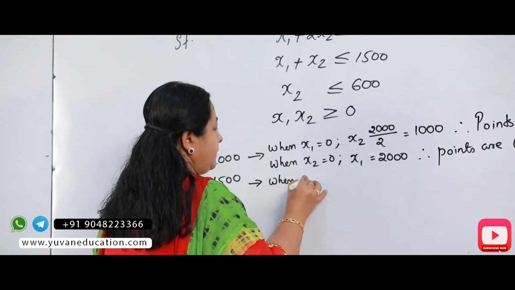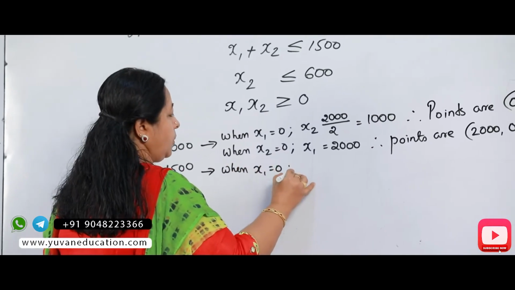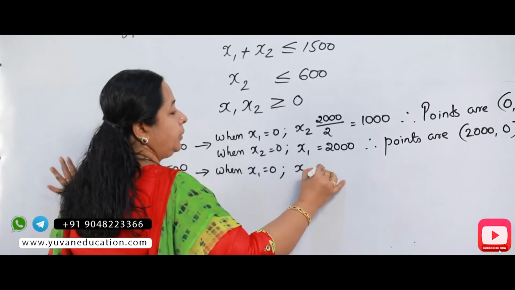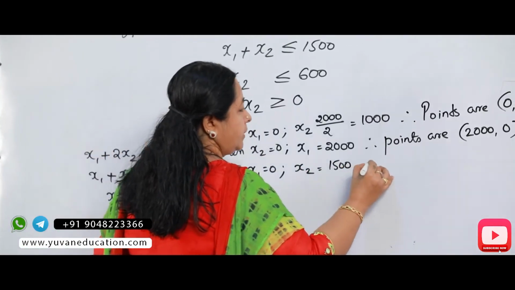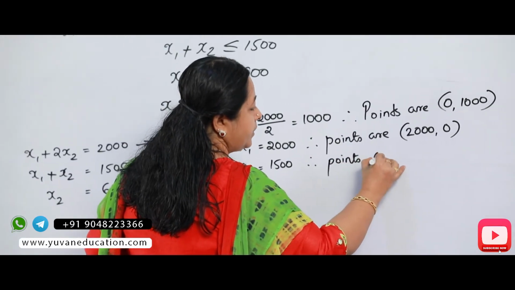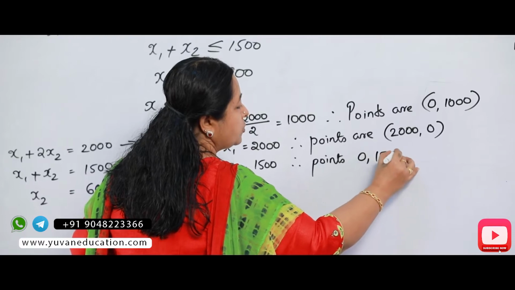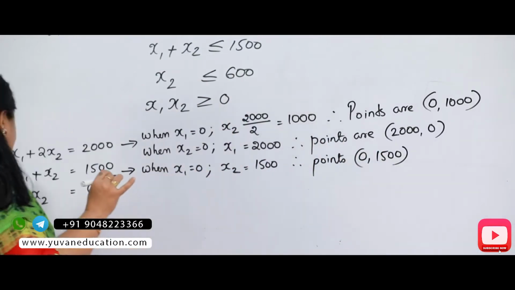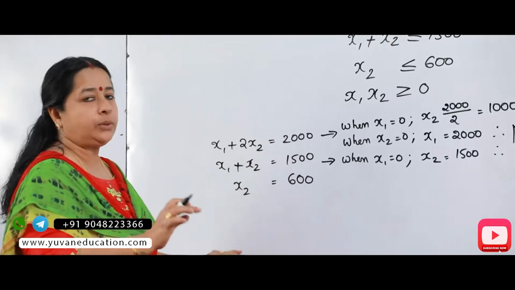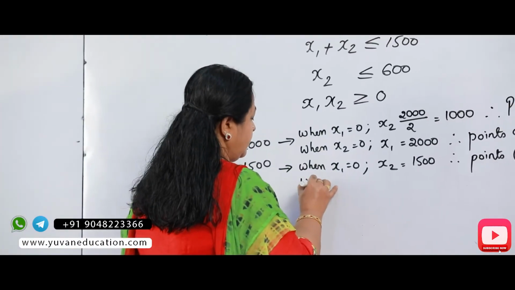Then the next one, when x1 is equal to 0, x2 is equal to 1500. Therefore, points 0, 1500.